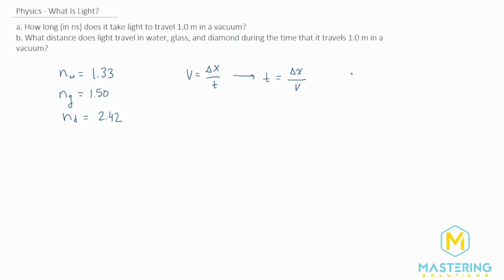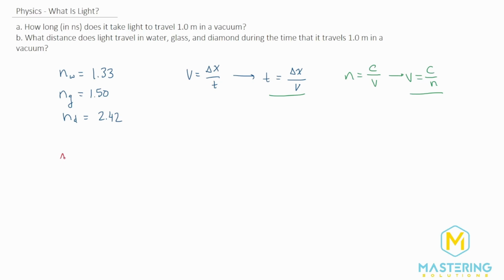And that comes from the equation for the index of refraction itself. So the index of refraction is equal to c, or the speed of light in a vacuum, over the speed in a certain medium. And then we rearrange this so that the speed of light is equal to c divided by the index of refraction. So we're going to use this and this to solve for all of these different things.